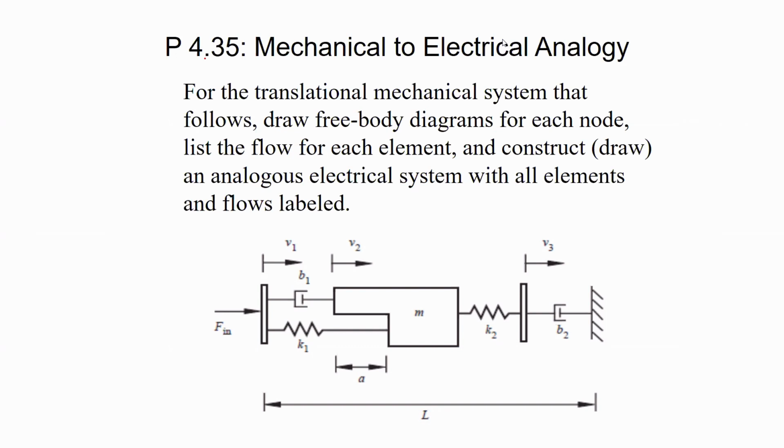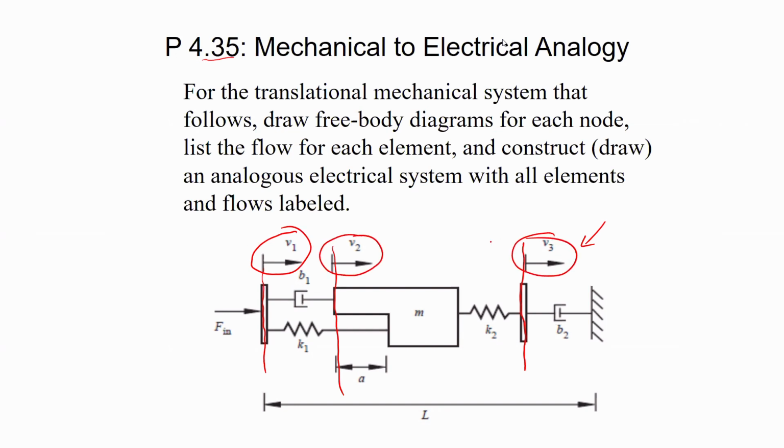So this is problem 4.35, where the objective is to convert it to an electrical system. As I said, typically there are nodes which are given. There are 3 nodes given over here. The number one thing is to identify those nodes correctly. Sometimes they are not marked. If they are not marked, we have to be able to find them.